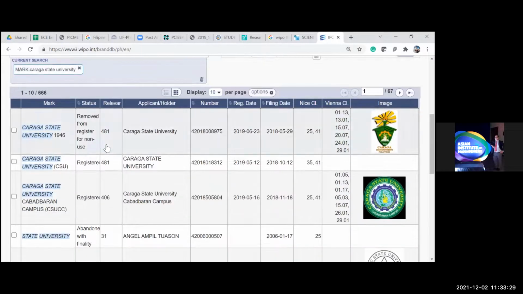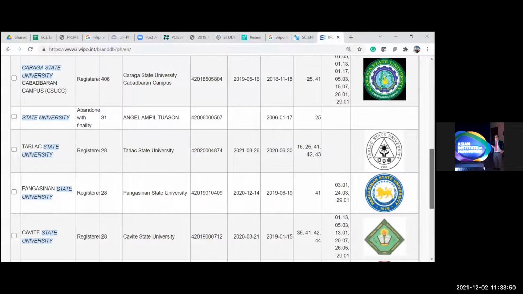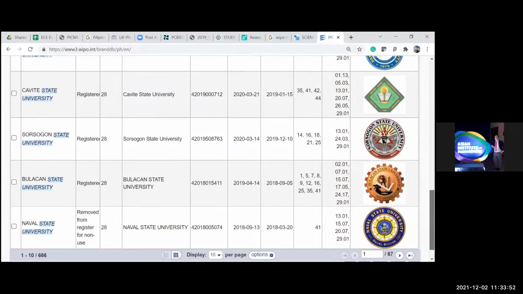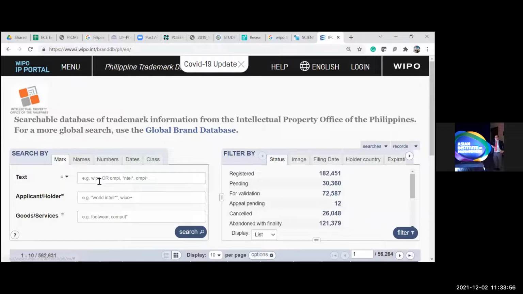This is one issue: Kenneth is reapplying because there was no proof of use shown. There's another word, Caraga State University, CSU, that is a registered trademark, and there are also different trademarks here. So you can verify that here.